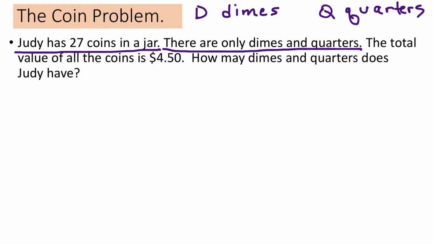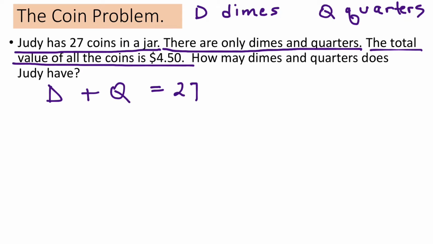So the first equation says if there's 27 coins in a jar, then D plus Q, the number of dimes plus the number of quarters, would have to be 27. There's one equation. Now it also says that the total value of all the coins is $4.50.